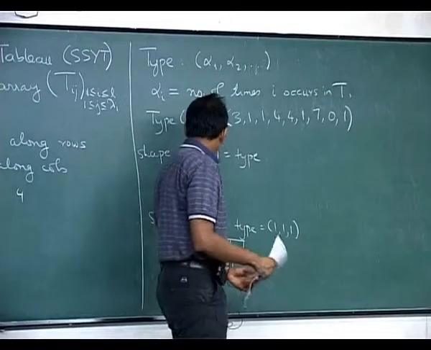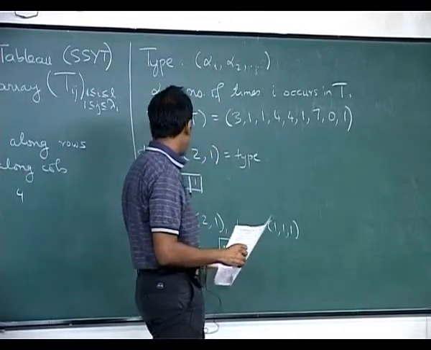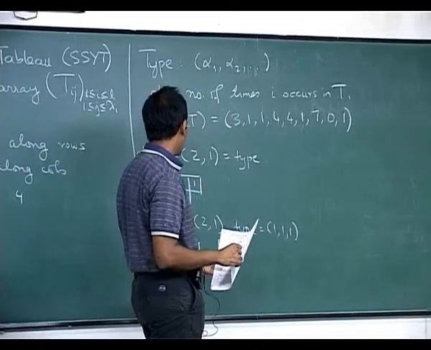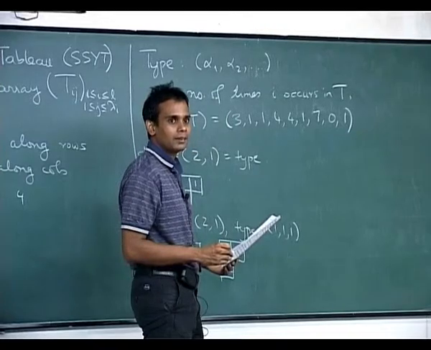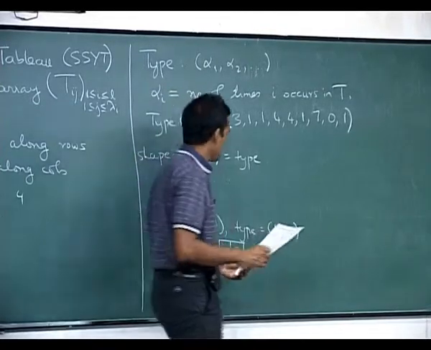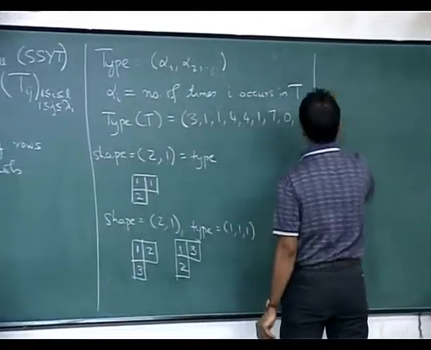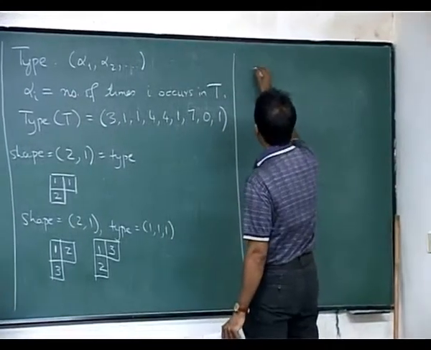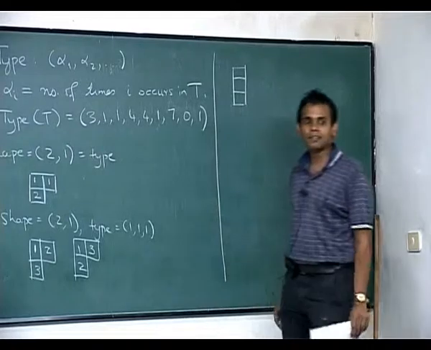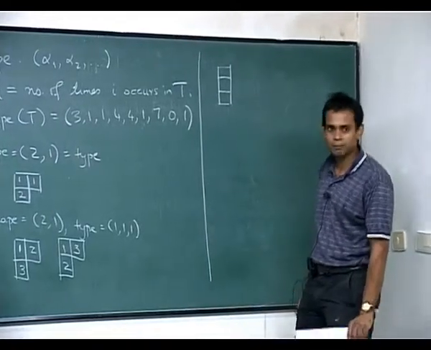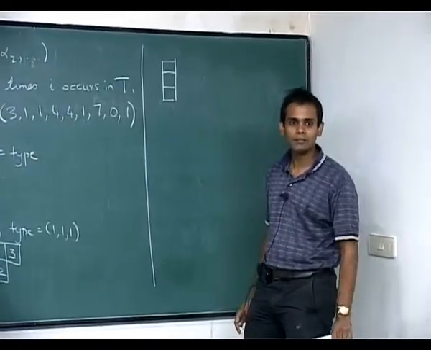How many semi-standard Young tableaux of shape (1, 1, 1) of any type? If the shape should be (1, 1, 1), I need to fill in these 3. If I insist that the type be a partition, then what can I do?